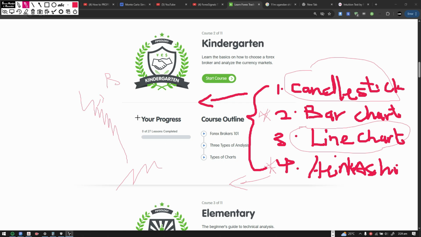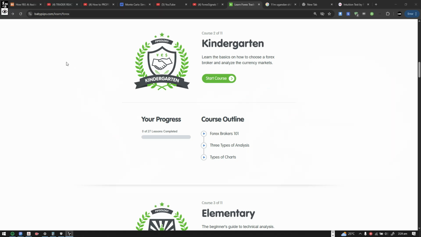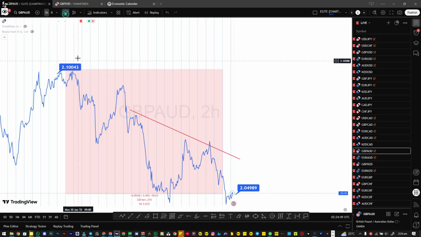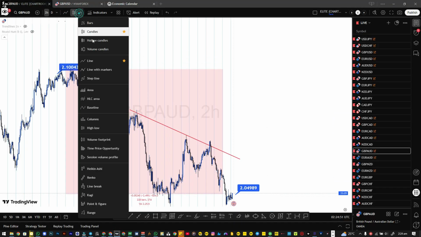So let's see how the bar chart is, right? As the name implies, it's only bars, like there's no wick. So this is what we talk about, right?